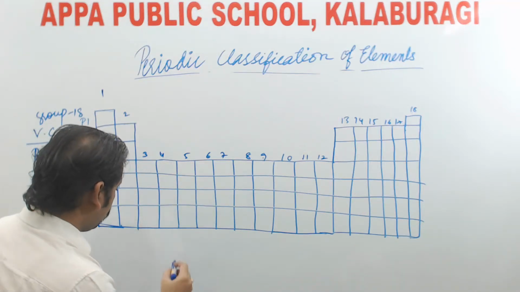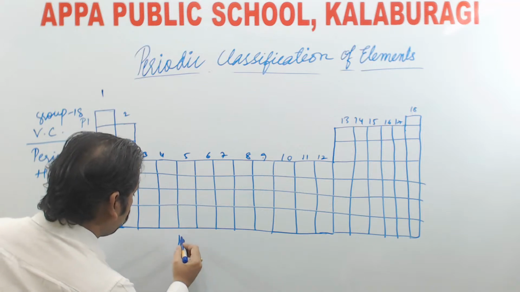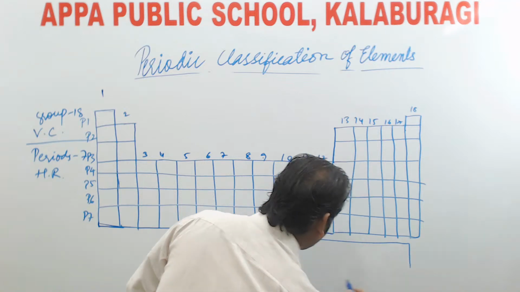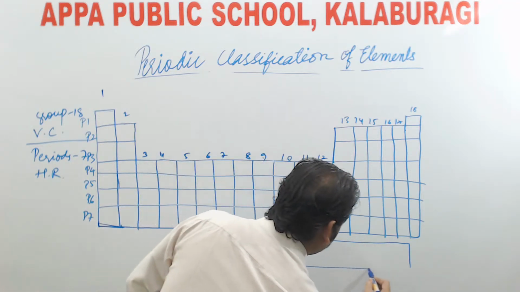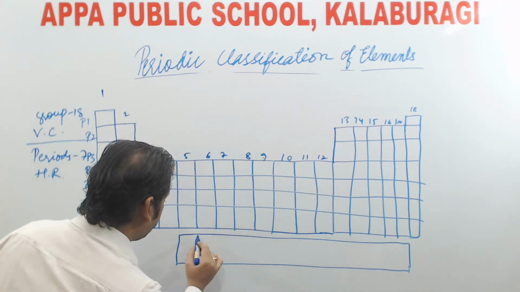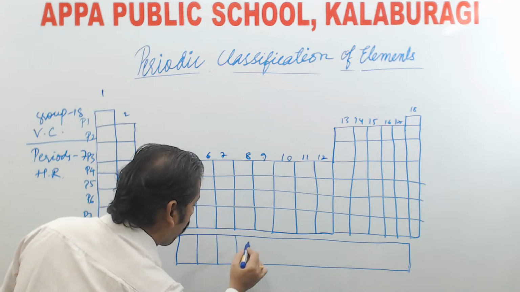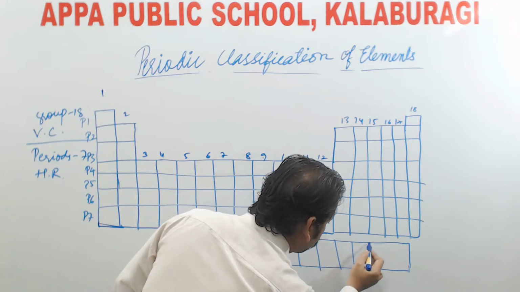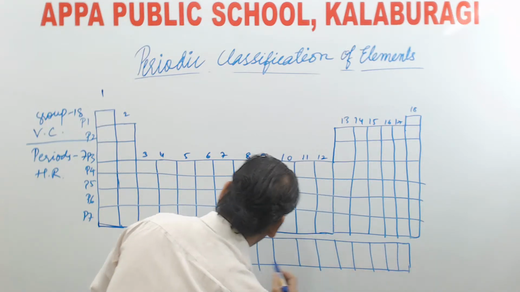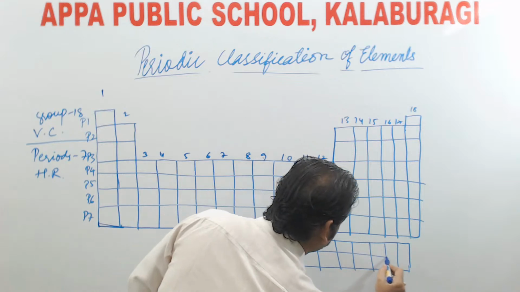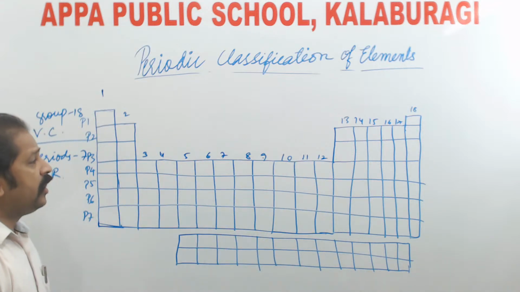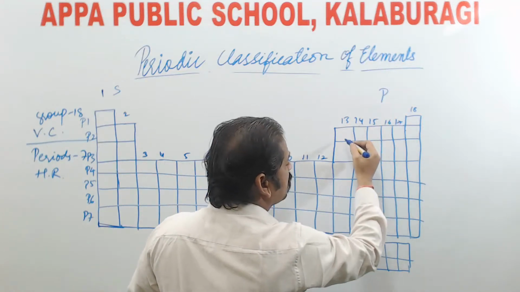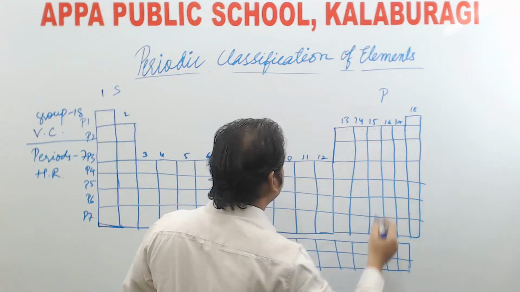I also show that we are having different blocks for this. The F block is having a different arrangement. It is S block, P block. 6 are there: 1, 2, 3, 4, 5, 6.